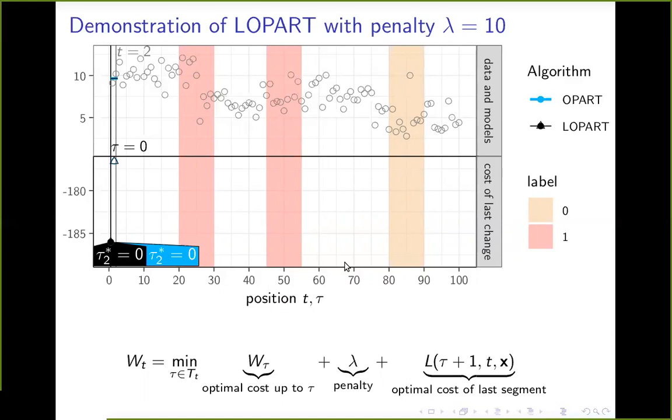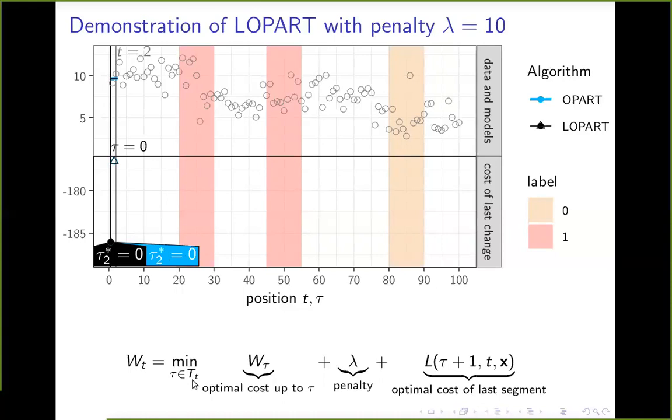For all of the different values of that tau last change point variable, I'm going to be plotting what the cost is. Basically this algorithm is recursively computing the optimal cost. Here I'm starting out at the very beginning of the algorithm, where we're just computing the optimal cost up to data point t equals 2.